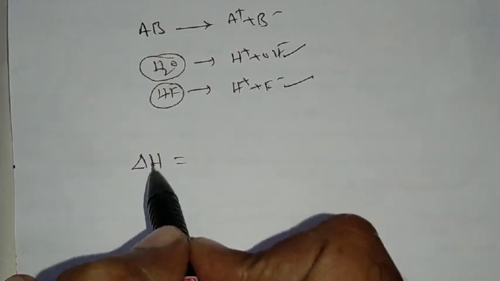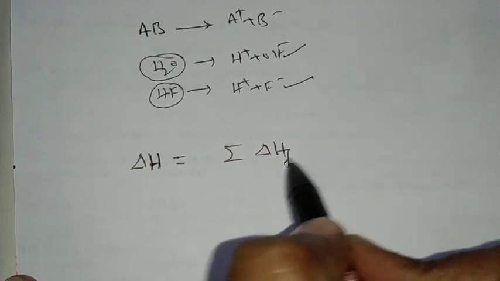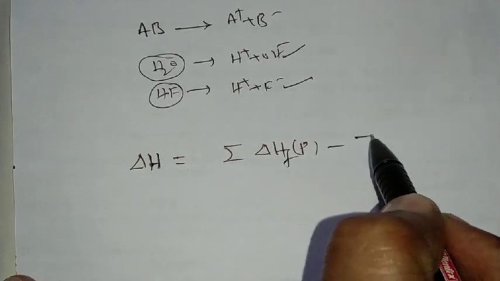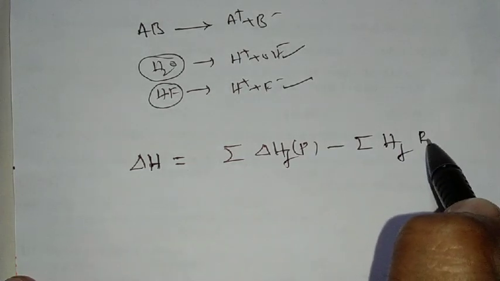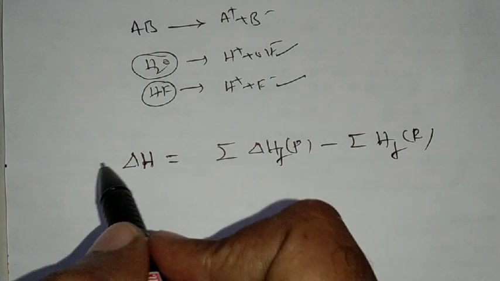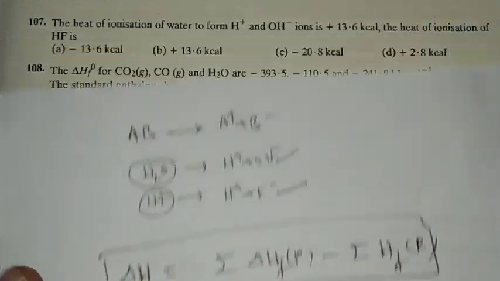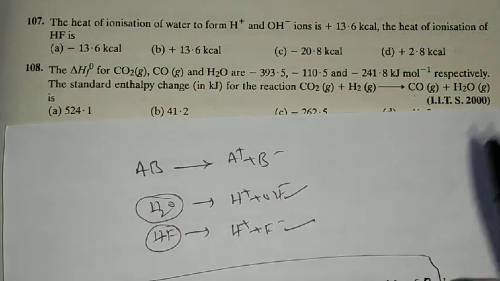Delta H of any reaction equals sigma delta HF of products minus sigma delta HF of reactants. Is it okay? This is the basic formula for this kind of question. Now here, what are the products? CO and H2O.